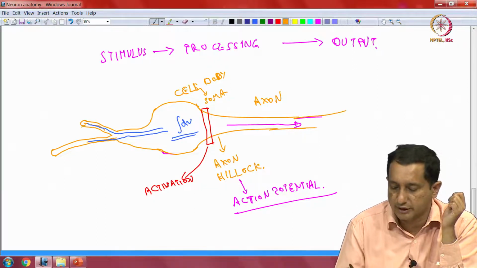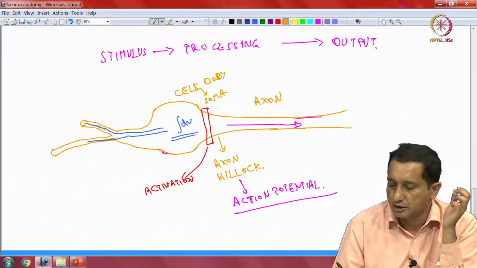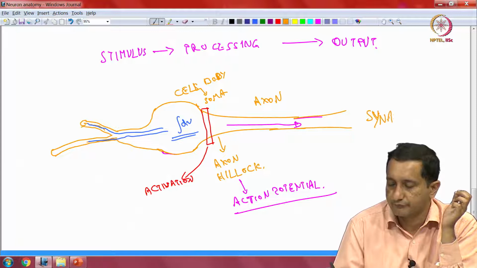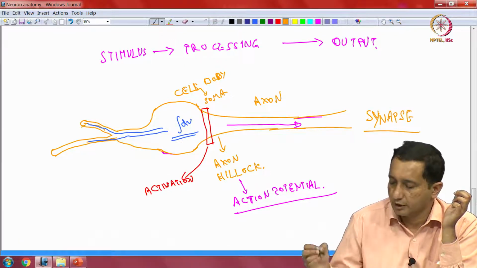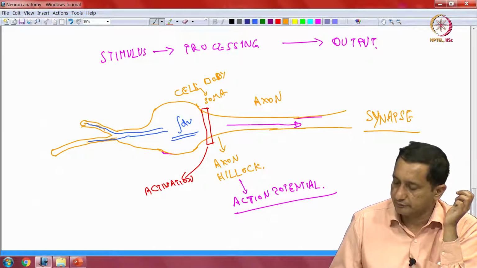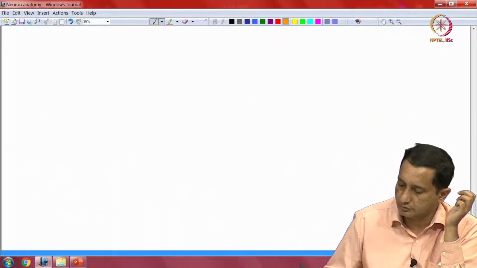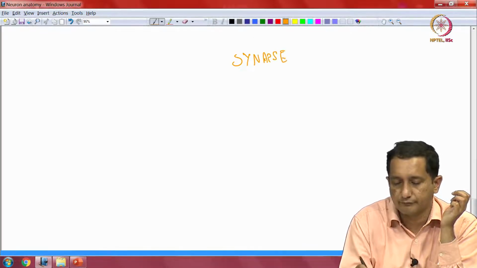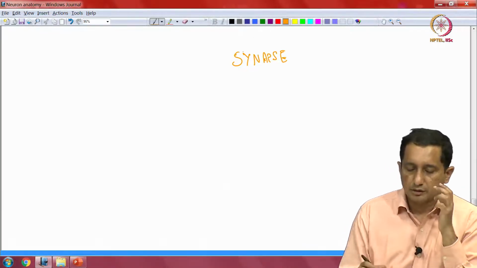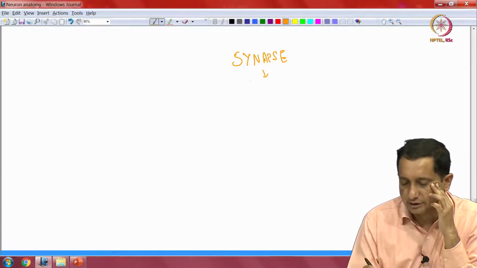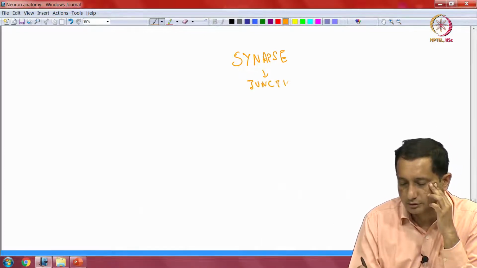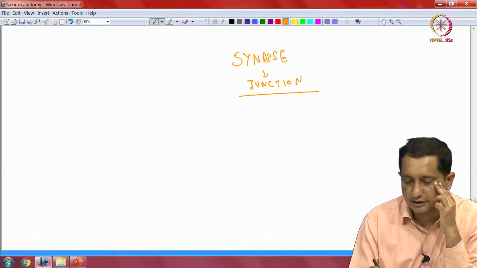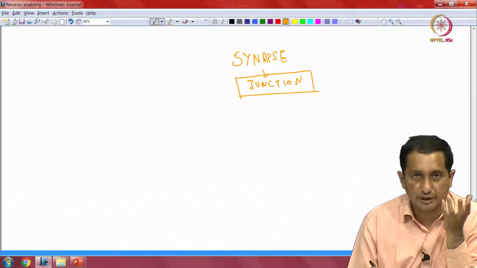The other side of the story is something called the synapse. Synapse requires explanation. Synapse basically means a junction. So, a junction is between any two computing entities.